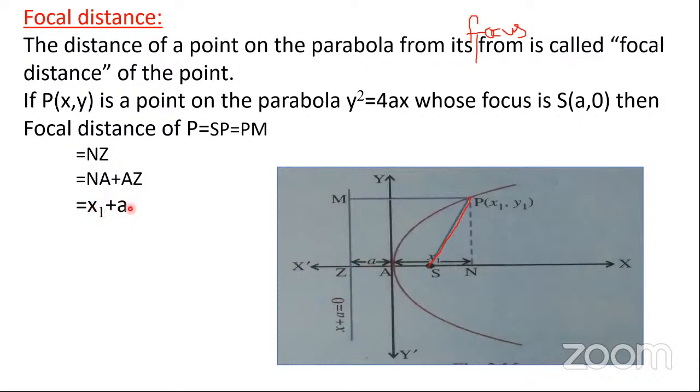What is AZ, children? a. Therefore, focal distance of P is equal to x1 plus a. The focal distance of a point P(x1, y1) with respect to the parabola y square equal to 4ax is x1 plus a. Is this clear, children?